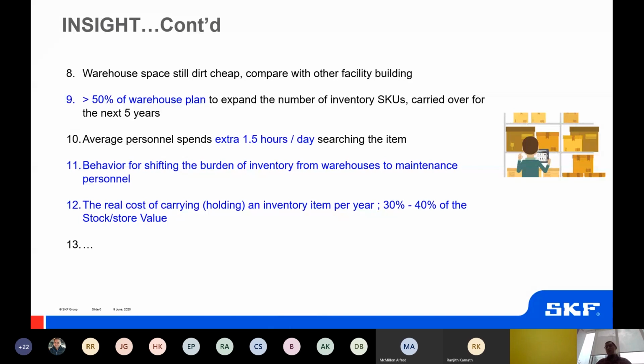At least in Indonesia, they use between 20% to 25% as a holding or carrying cost. So this is a big number. Imagine if you have a store value or stock value of 10 million Australian dollars. That means $3 million is allocated only for carrying the items.